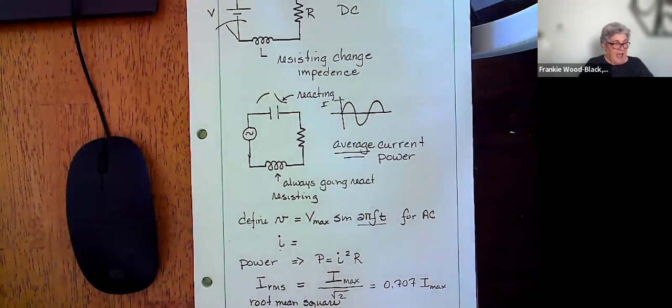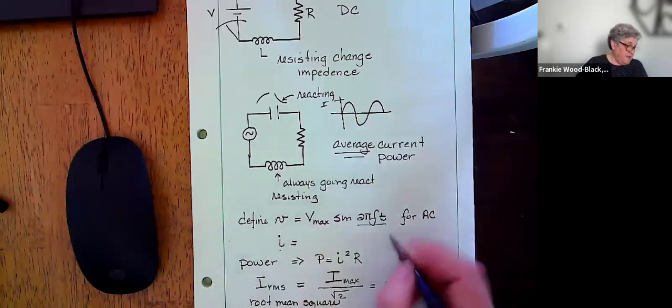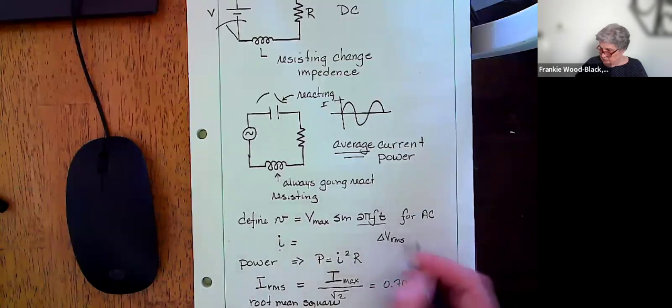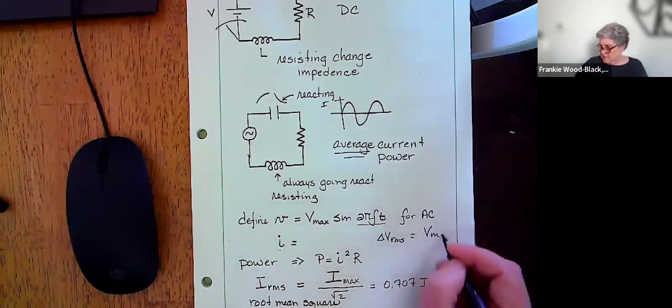And this is called the root mean square current. So this relates back to this, and so I can have a change in voltage that's a root mean square, which is going to be my voltage max divided by the square root of 2.